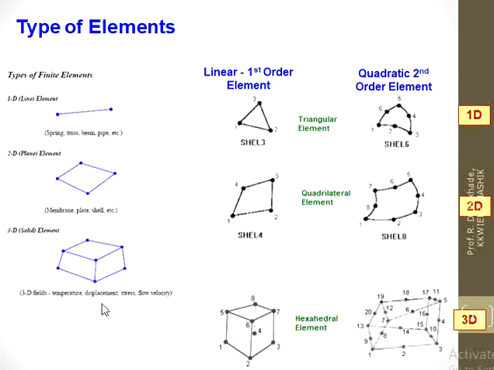Similarly, third, that is cubical or hexahedral elements, first order having 8 nodes and 6 faces, 12 edges, and second order having 20 nodes. So in this way we can categorize different types of element used in FEA.